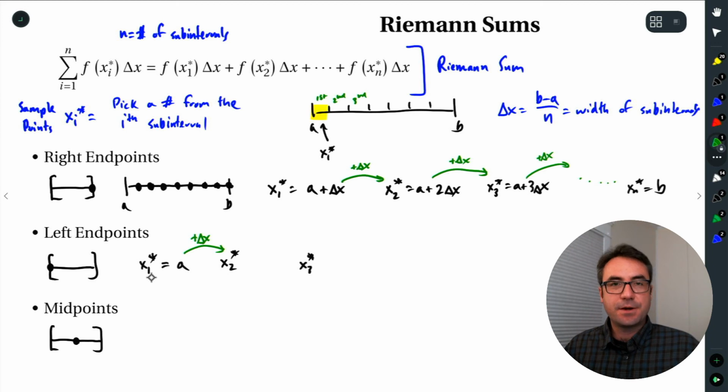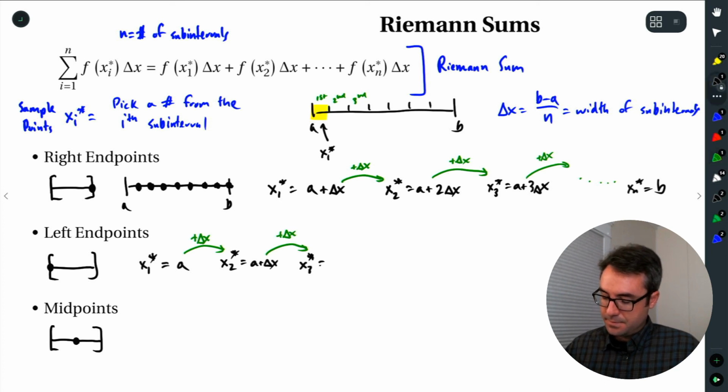So if this is our starting x1 value, then x2 is just going to be A plus delta x. Now to get x3, we take our previous result and add delta x again. So A plus 2 times delta x.